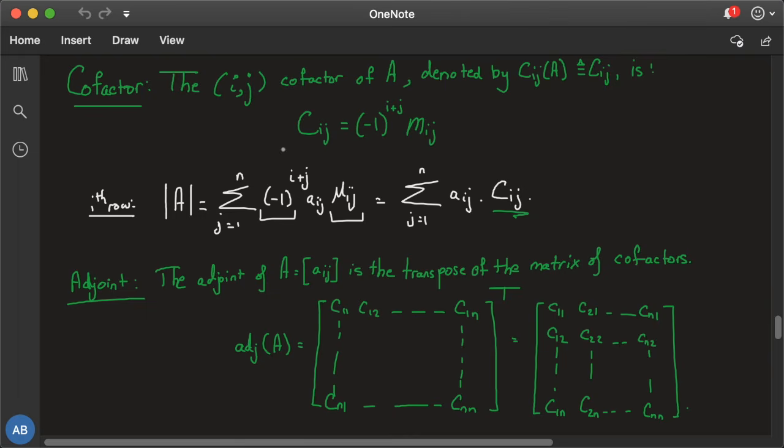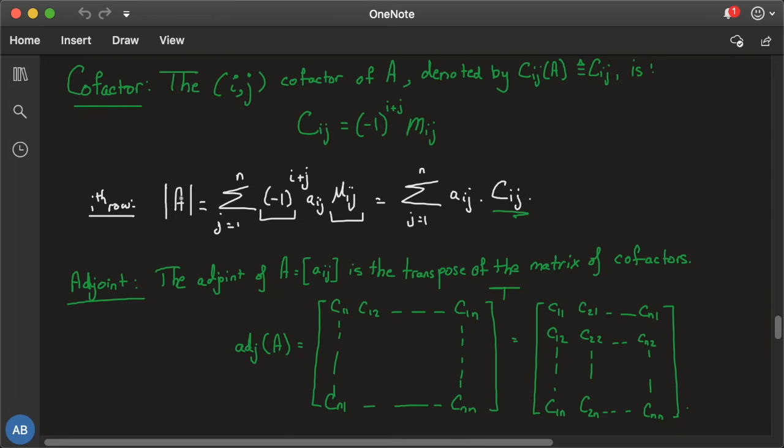We also introduced the cofactor corresponding to the ijth entry of matrix A. That is just the minor multiplied by either a plus or a minus, depending on the power i plus j. We saw that we could express the determinant, instead of in terms of the minors, in terms of the cofactors of that matrix.